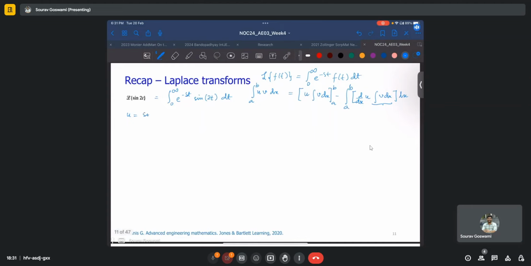We choose u to be the trigonometric sine and v to be the exponential, so integrating would be easier.